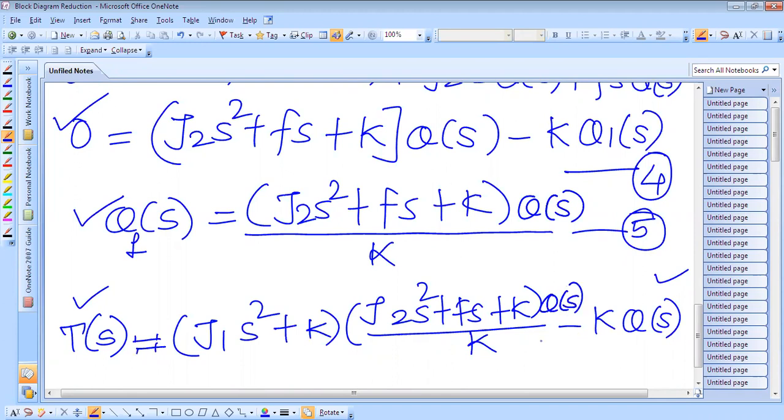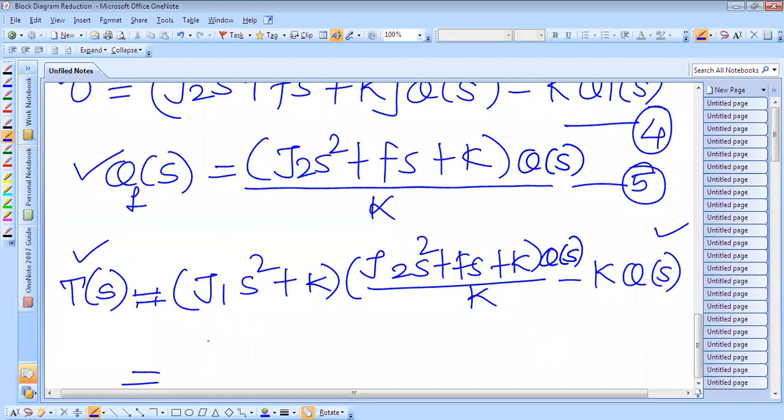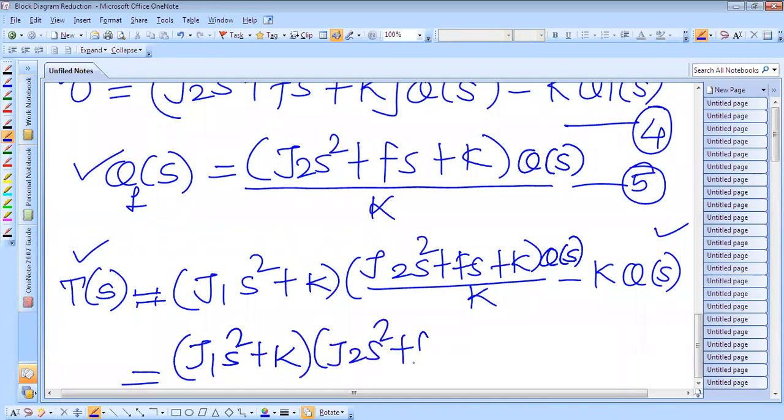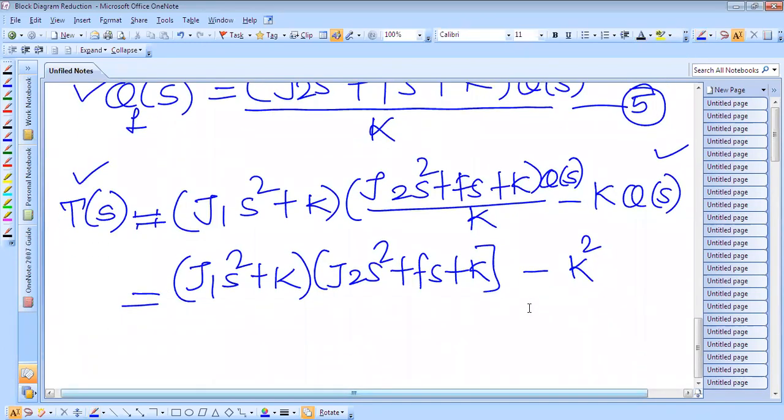So what we'll do: J1 S square plus K, J2 S square plus F S plus K, and minus, we'll take K square outside.